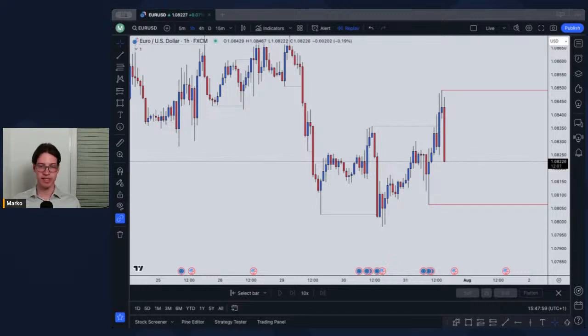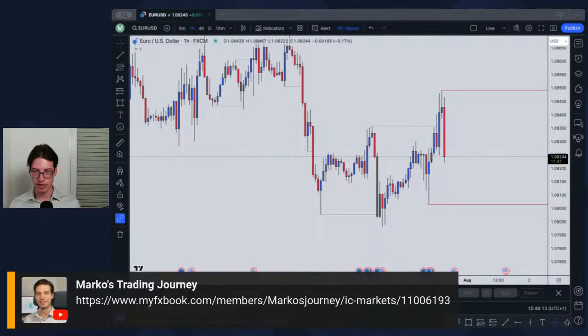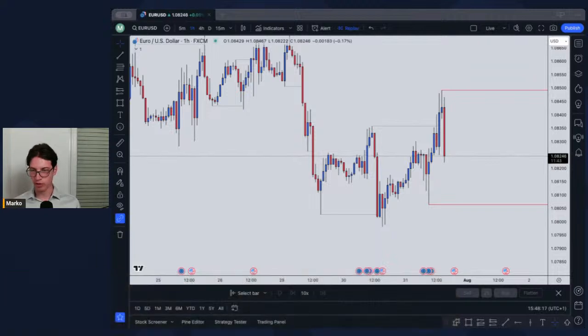Yes, as you can see in MyFXBook, I did already have some very, very large drawdown, but it's a part of the game. As long as my winners are far bigger than the losses, I'm going to make a net profit. It's in the chat, the link. So if you want to check it out, just give me 1 second and I'll be back.